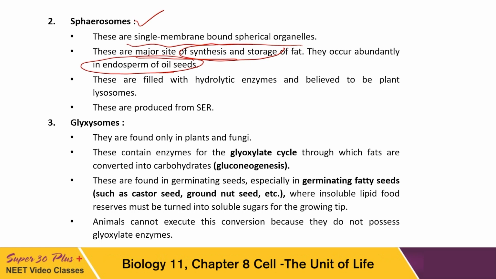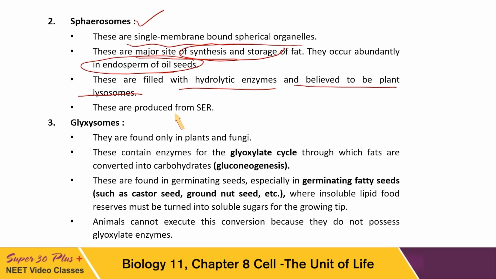At the time of germination, you all know, this fat will be utilized. These are filled with hydrolytic enzymes and are believed to be lysosome-like. These enzymes will digest the fat, and then they will help in seed germination.